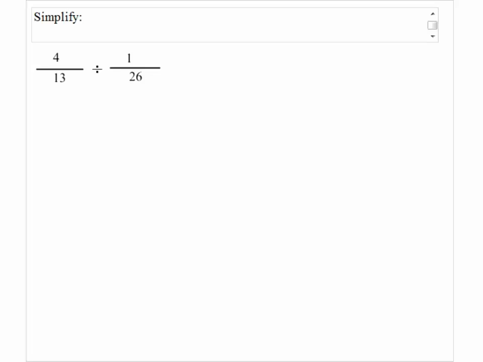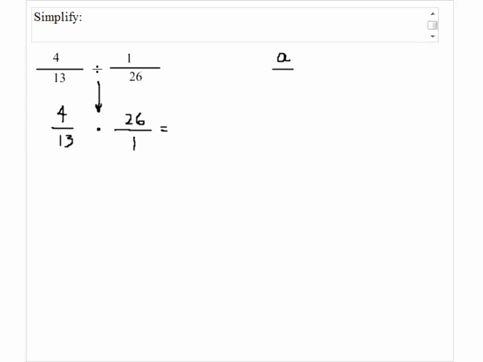Simplify. 4 over 13 divided by 1 over 26. When we divide fractions, we keep the first fraction as is. We change the division to multiplication, and we write the second fraction as its reciprocal, which is 26 over 1.